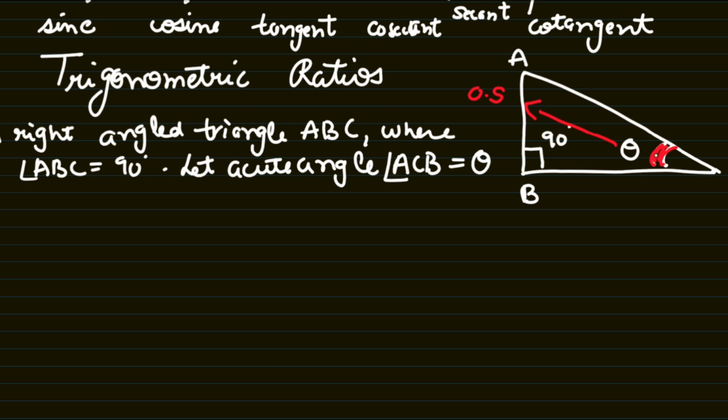That is why we call it the adjacent side. This is the opposite side because it is the side opposite to angle theta. And since the side BC is part of angle theta, we call it the adjacent side. And the longest side of a right angle triangle, we call it hypotenuse.